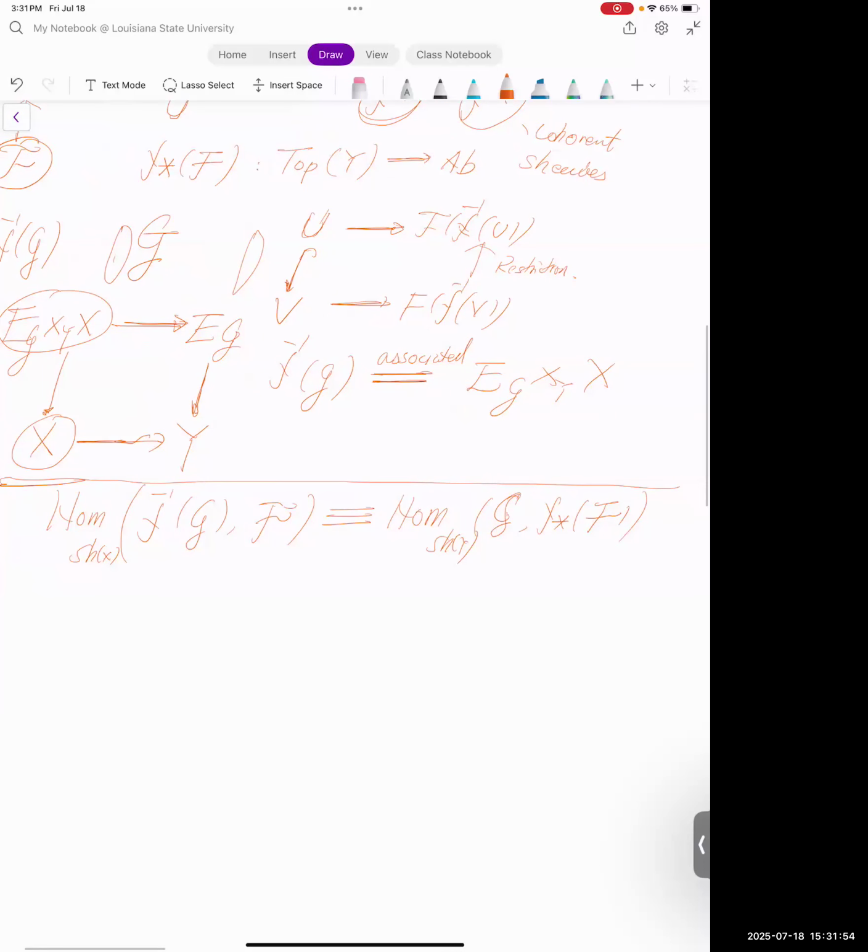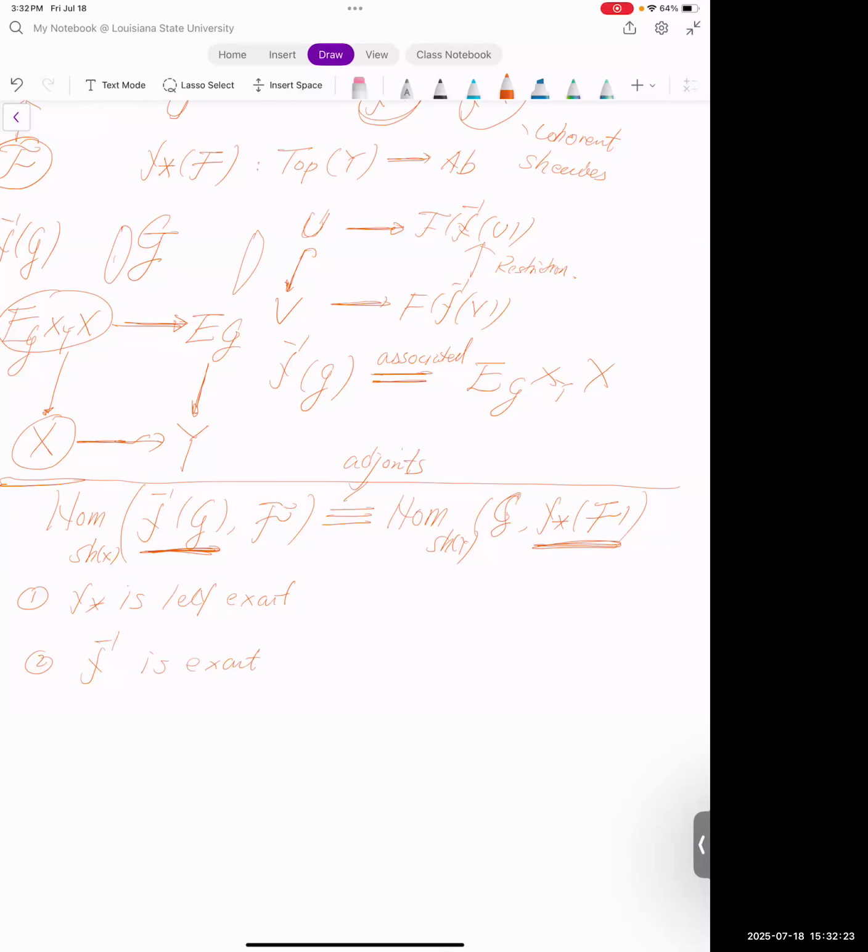And one consequence of this adjointness is that the push forward is always left exact, and the pullback is always right exact. Actually, there is more to say. It's actually exact.